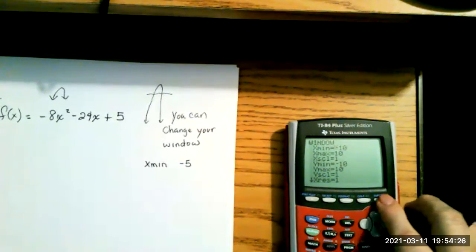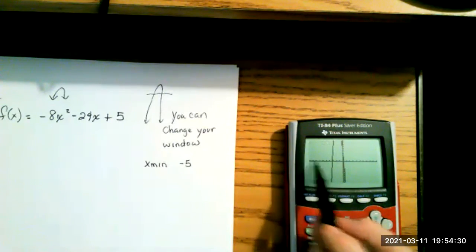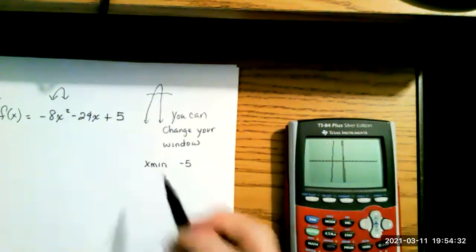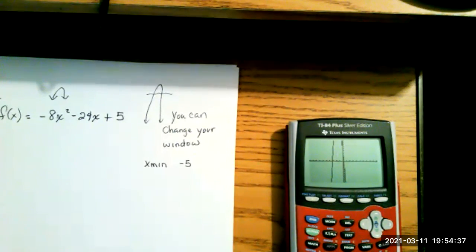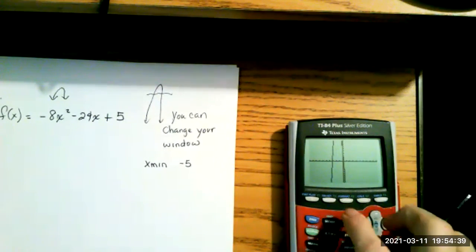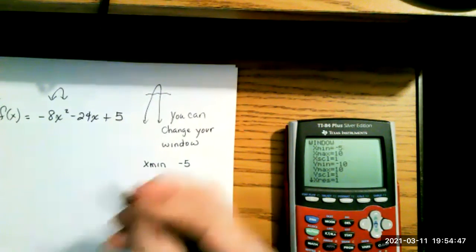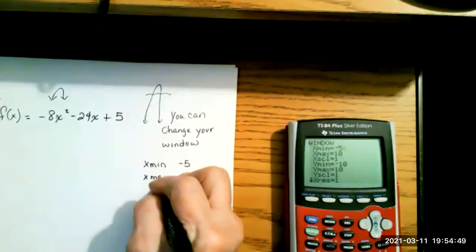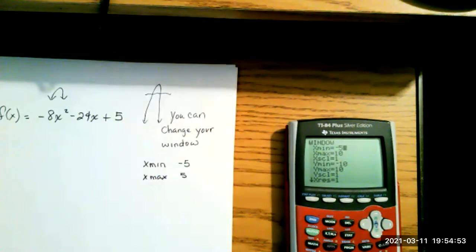Because it's tall and skinny, I don't need to go way over here to 10 or way over here to 10. I can reduce my X values so that it's closer in between. So on my window right there, I'm going to put -5 instead of -10. And then on the X max, I think I'm just going to go with 5.